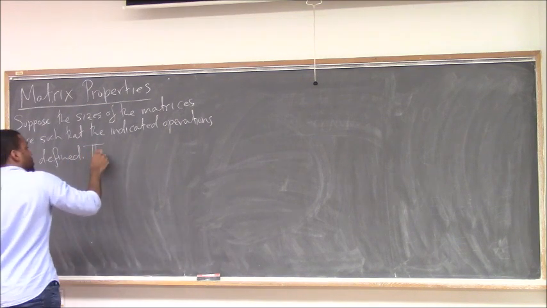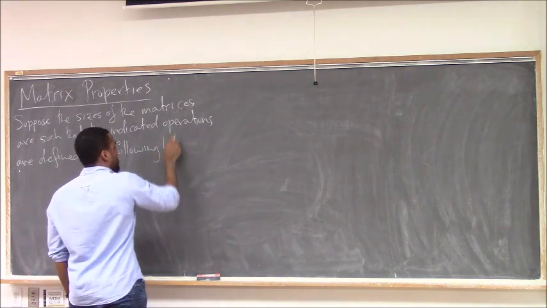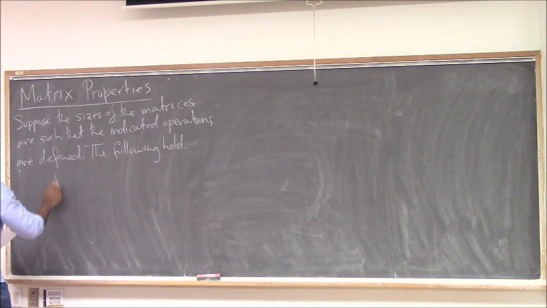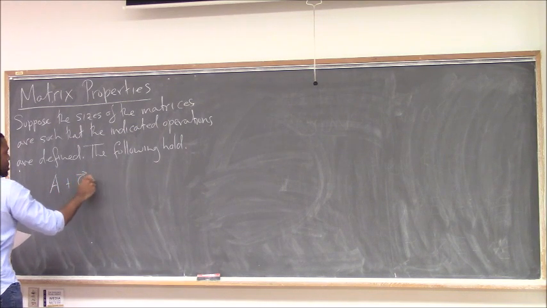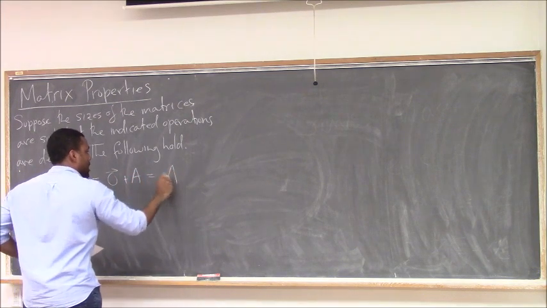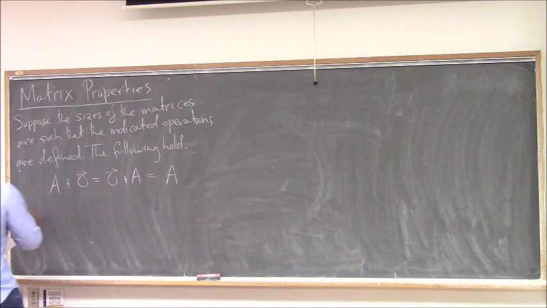The following. One: A plus the 0 matrix is actually 0 plus A, which is equal to A. 0 is called the additive identity.